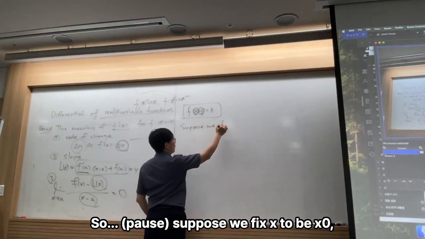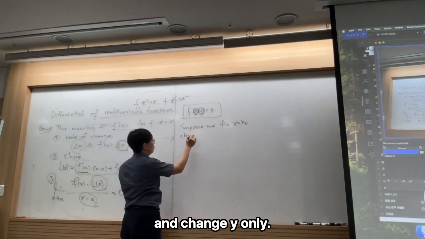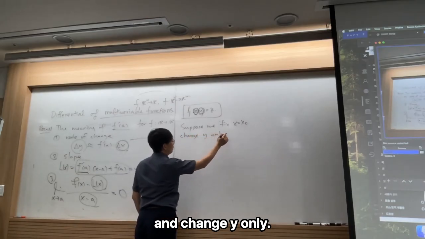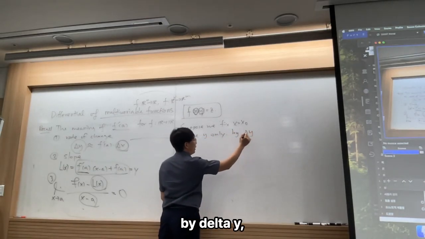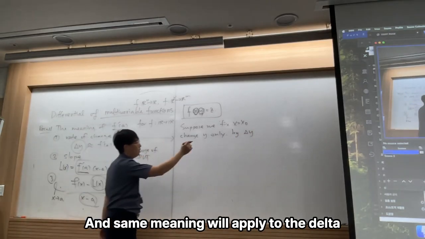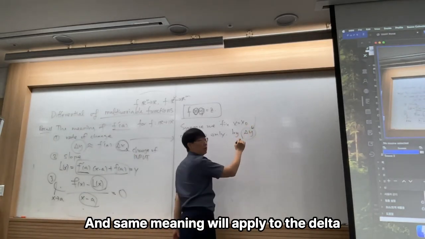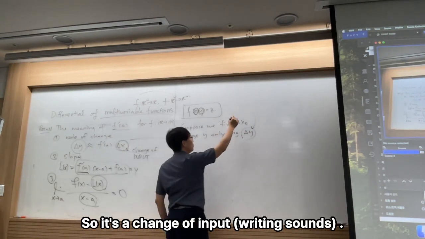Suppose we fix x to be x0 and change y only. This change of y will be denoted by delta y, and this will be the change of input. The same meaning applies to delta y. So y is not a dependent variable, it's an input variable, right? So it's a change of input.